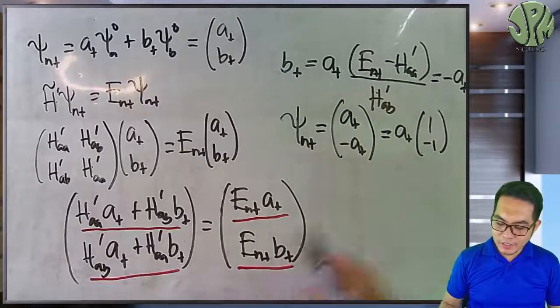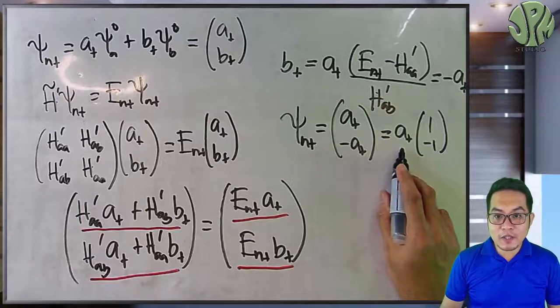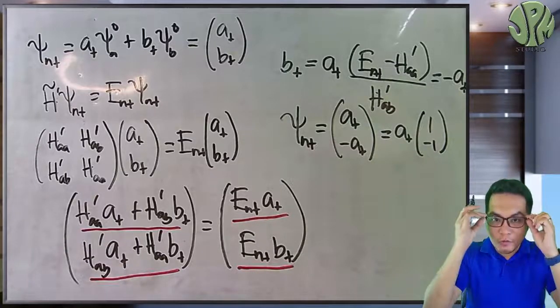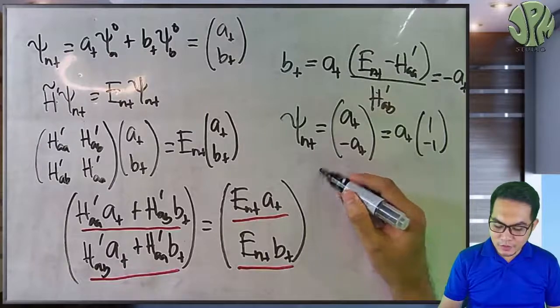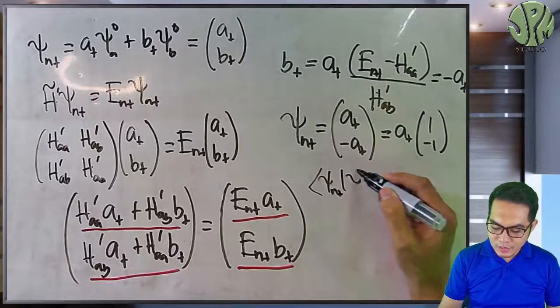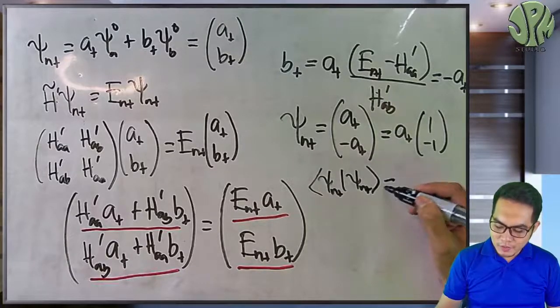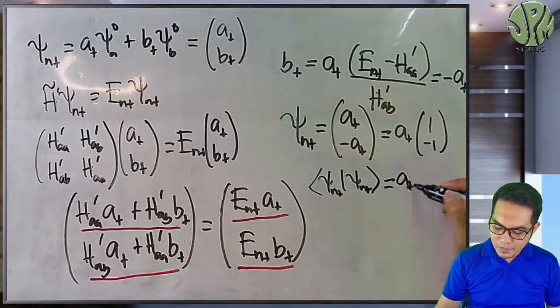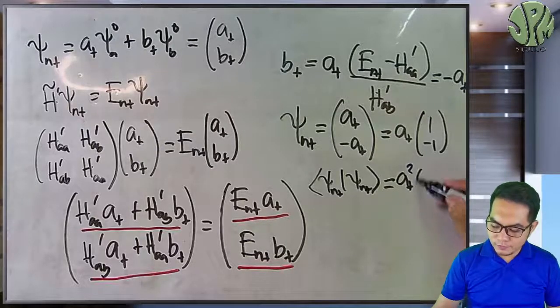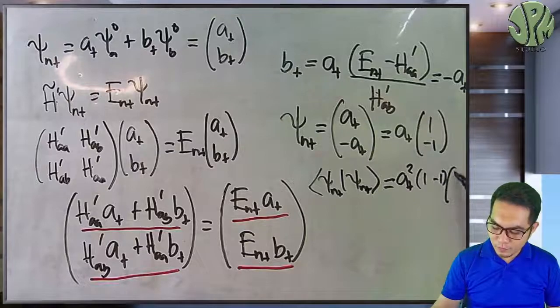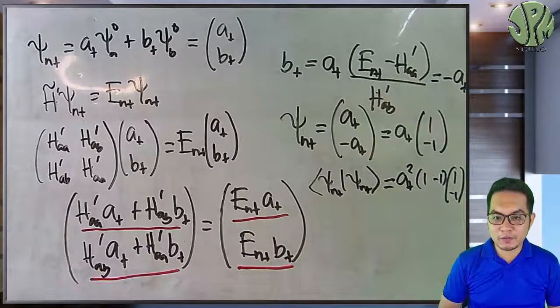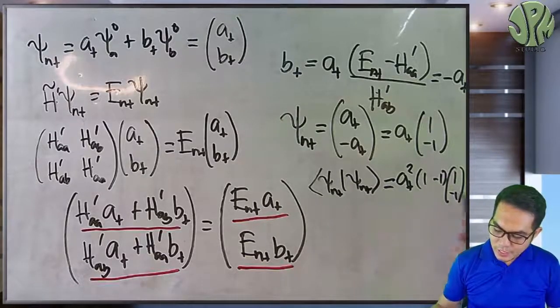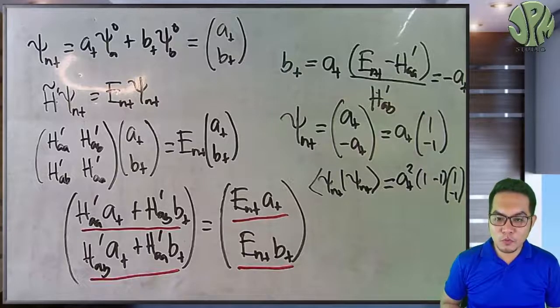In order to solve for A plus, you normalize. So you get psi n plus with psi n plus. You will get A plus squared times 1, -1, 1, -1. Normalize, and this should be equal to 1.